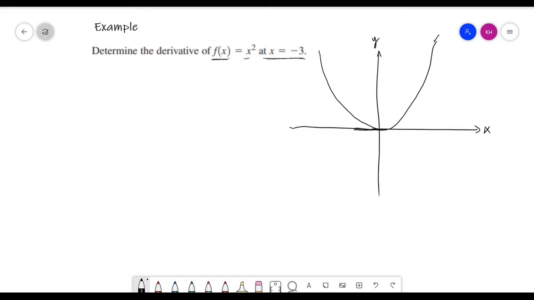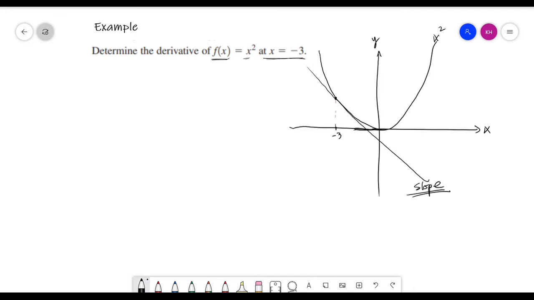That's my x squared function. And that is, let's say, -3. If I go up over here, that's the point where my tangent line will cut the graph. Now I just have to find the slope of this tangent line.